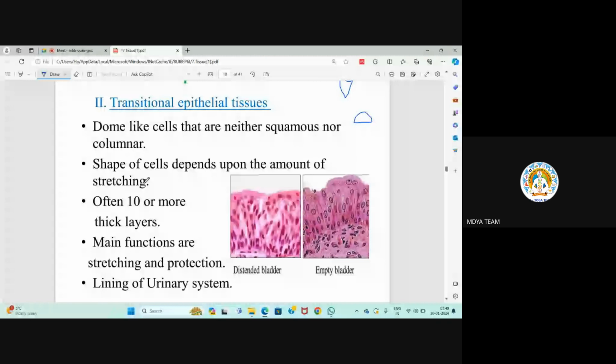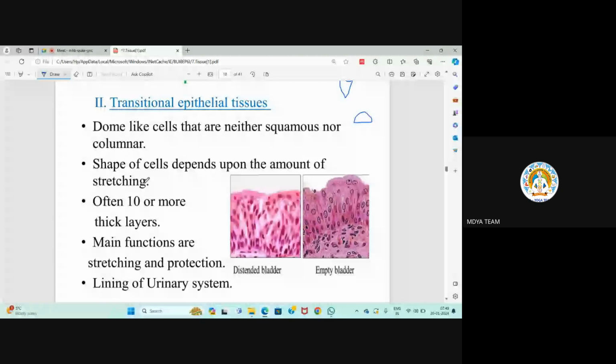And where can they be found? They can be found in the urinary system. When the urinary bladder is getting filled with urine and we are not urinating, it keeps storing.